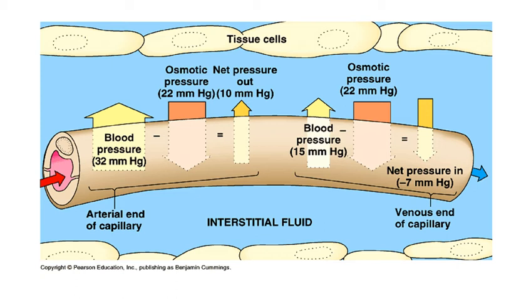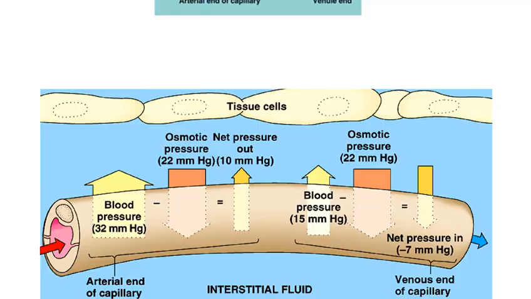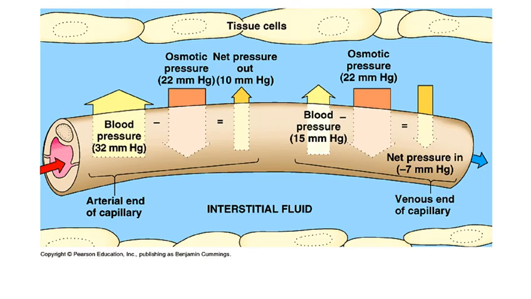A quick fact here is that 10% of that fluid and solutes stays in the interstitial fluid, so that has to be picked up by the lymphatic system. The other 90% of the fluid comes back into the blood vessel towards the venous end.